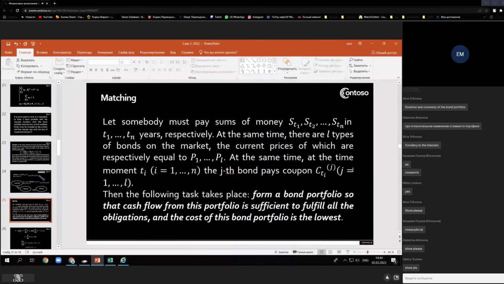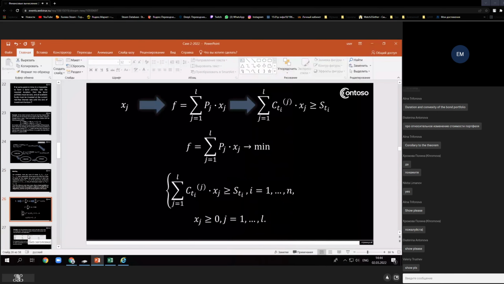How to construct it in real life? The idea is absolutely clear. Let us suppose you decided to buy this amount of bonds of each type. This will be the sum of the new bond portfolio, and this will be the cash flow of the new bond portfolio.